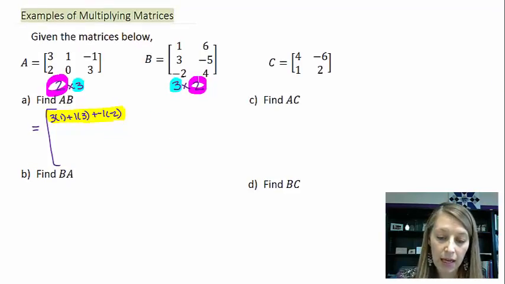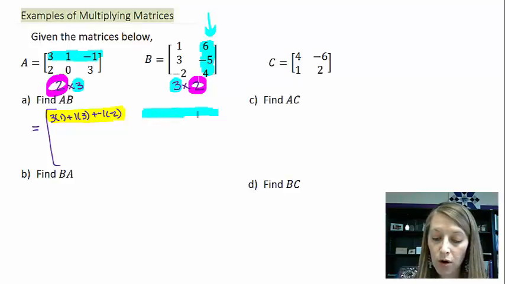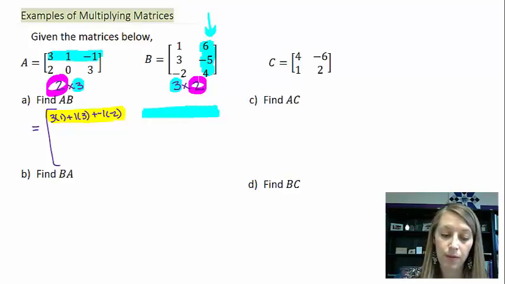All right, next, I need to take my top row again, and I'm going to multiply it by my second column. So when I shift over a column here, that means I'm going to shift over a column there.